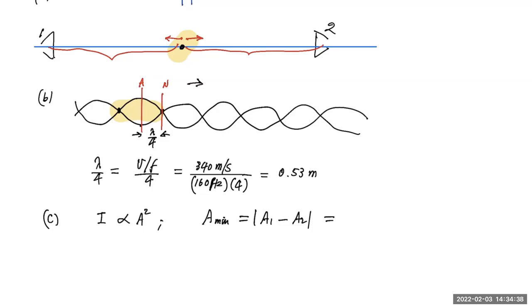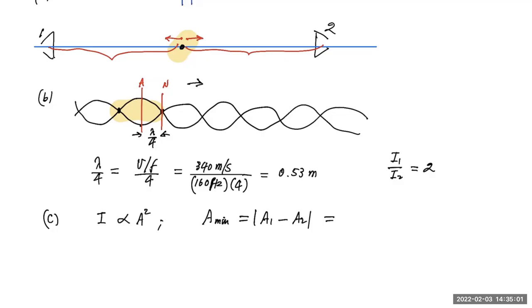Now, acoustic power P divided by the cross-sectional area gives the intensity. Okay, so they're not telling you A1 and A2, but they're telling you that I1 over I2 is equal to 2. So let's say the first speaker is a stronger one, produces twice the intensity as the second one.